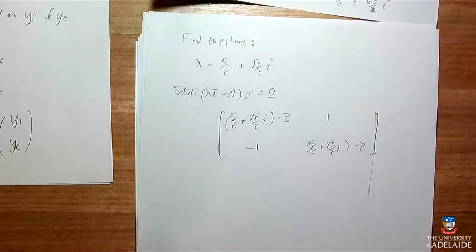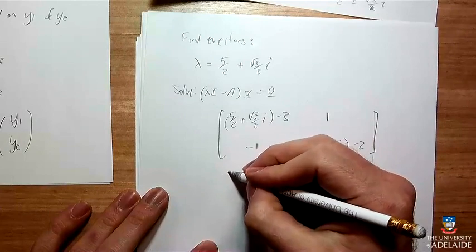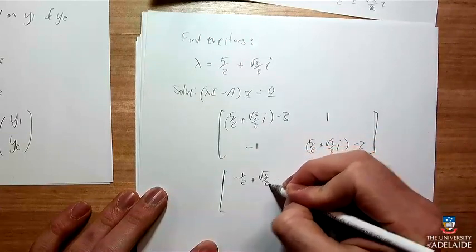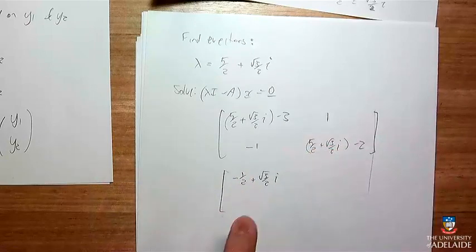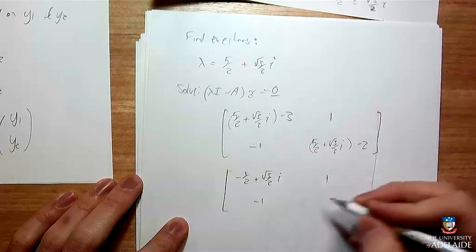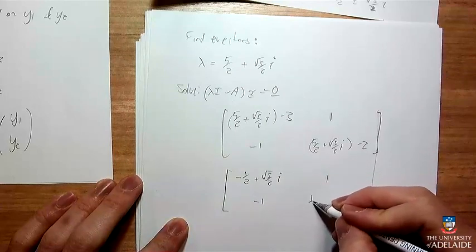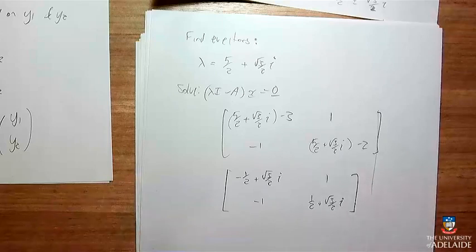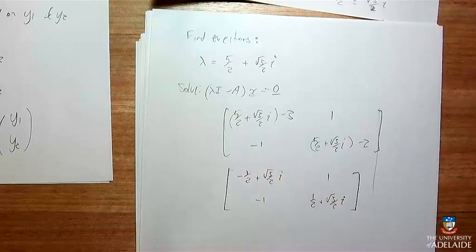Okay. 5 on 2 is 2.5, so that would be minus 1/2. Hey, that's really cool, because that's like cis of pi on something, 6 or 3, one of them. Ah, cool. Look, this one's the conjugate of that one. Isn't that nice?